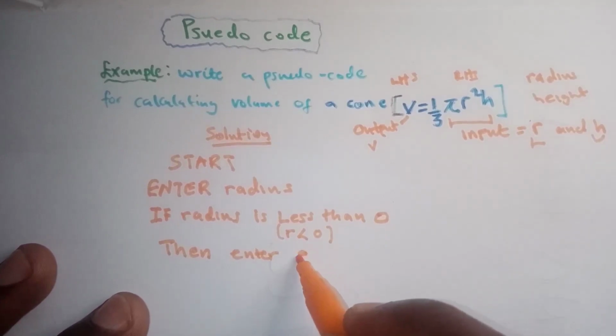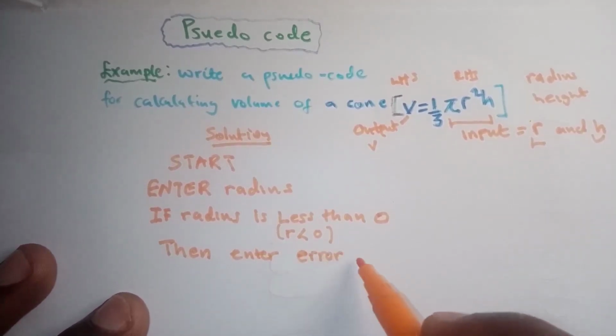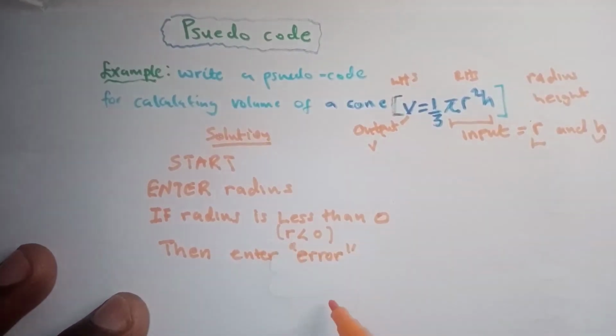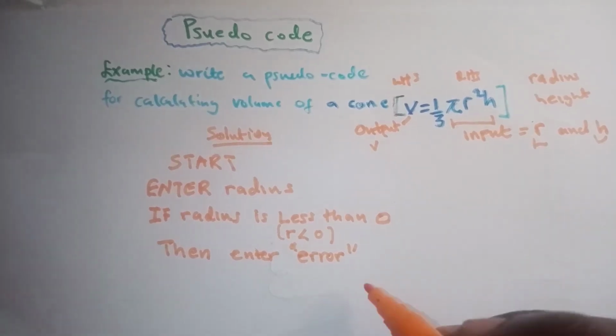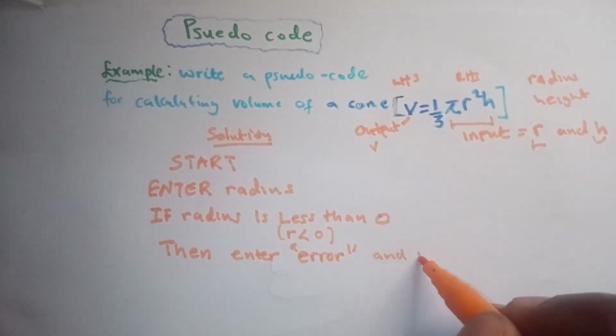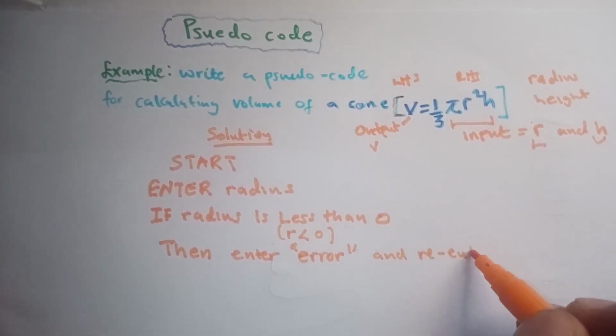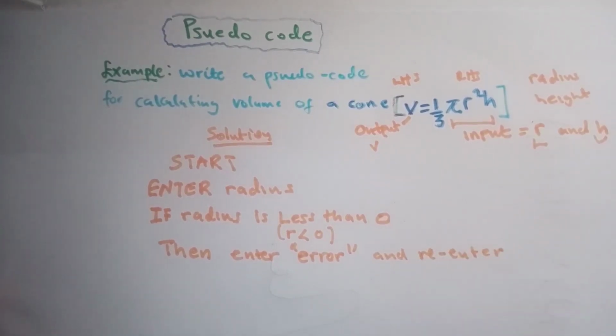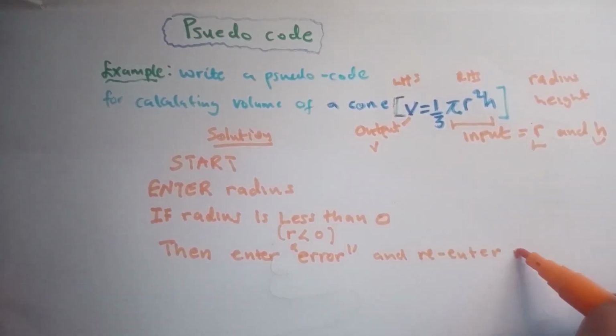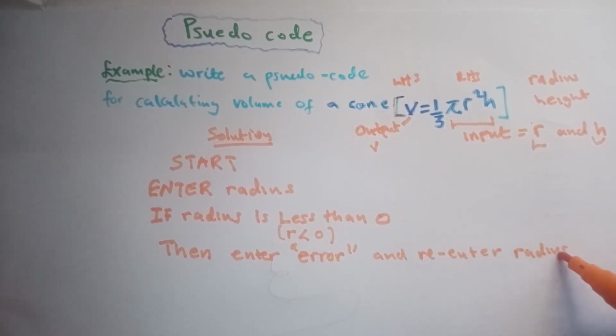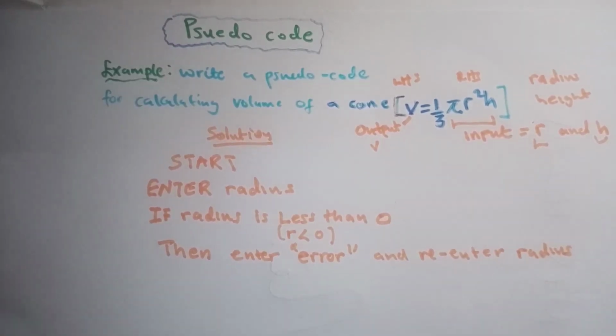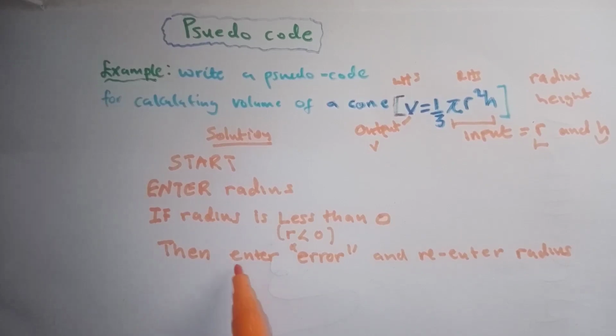enter R, then enter R and re-enter. What you want to get is a positive radius that is not less than 0. Re-enter radius. So that's the condition. If radius is less than 0, radius should not be less than 0, so enter R and re-enter radius.